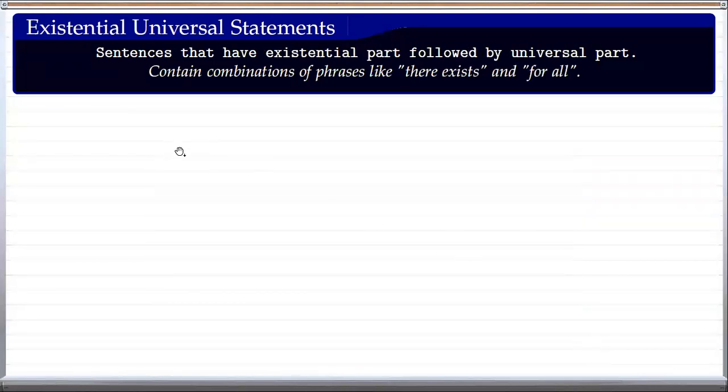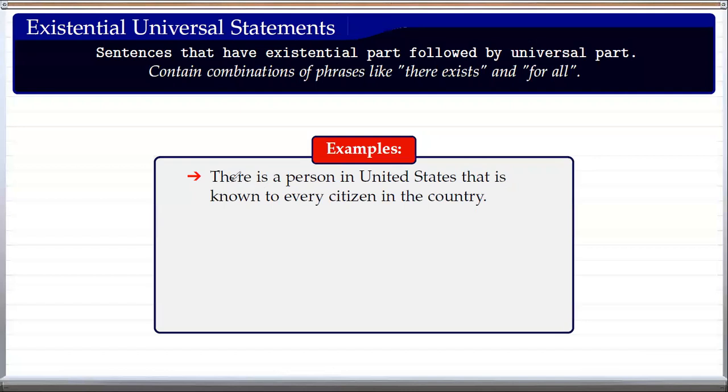Next, we have existential universal statements. These are the statements that have an existential part followed by a universal part, and they contain phrases like "there exists" first and then "for all". So let's look at some examples again. There is a person in United States, so that would be the existential part.